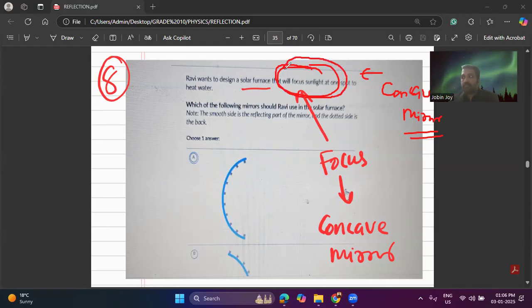We already discussed this. If the object is at infinity, the light rays are coming from infinity, the rays are parallel to the principal axis and will be traveling through the focus. So the light rays will be focusing to a particular point. That means the answer is concave mirror.